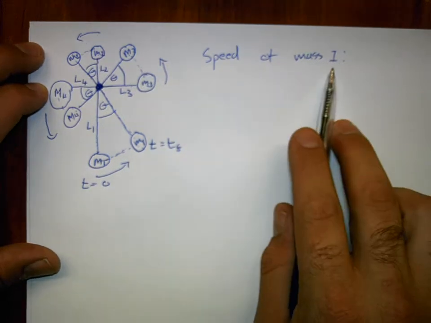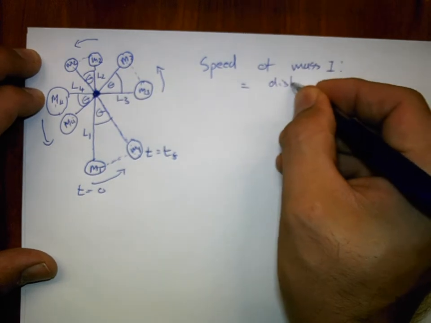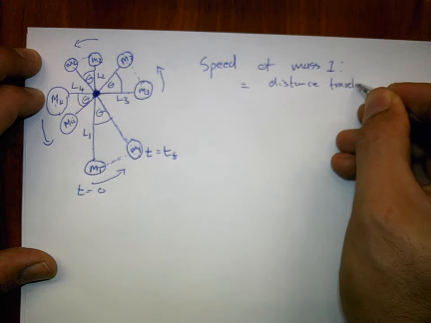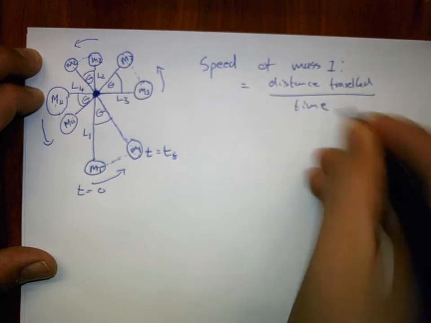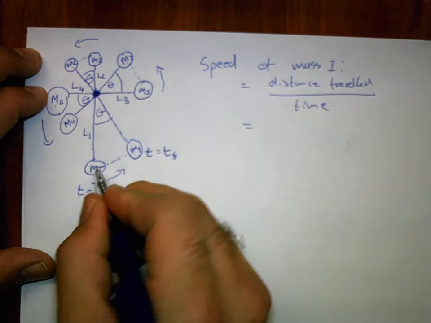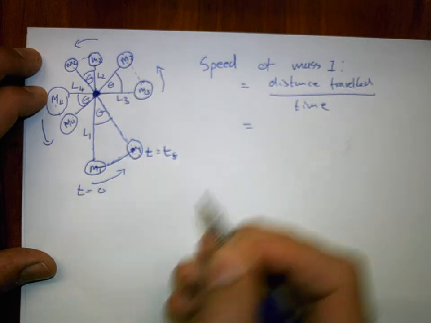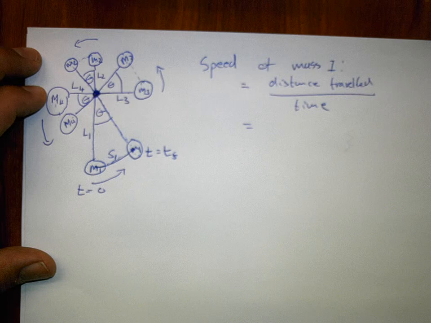So the speed of mass 1 is just equal to the distance it travels divided by the time taken. The distance it travels is this length of arc. It starts over there and it travels all the way around to there. So let's call that arc length S1.